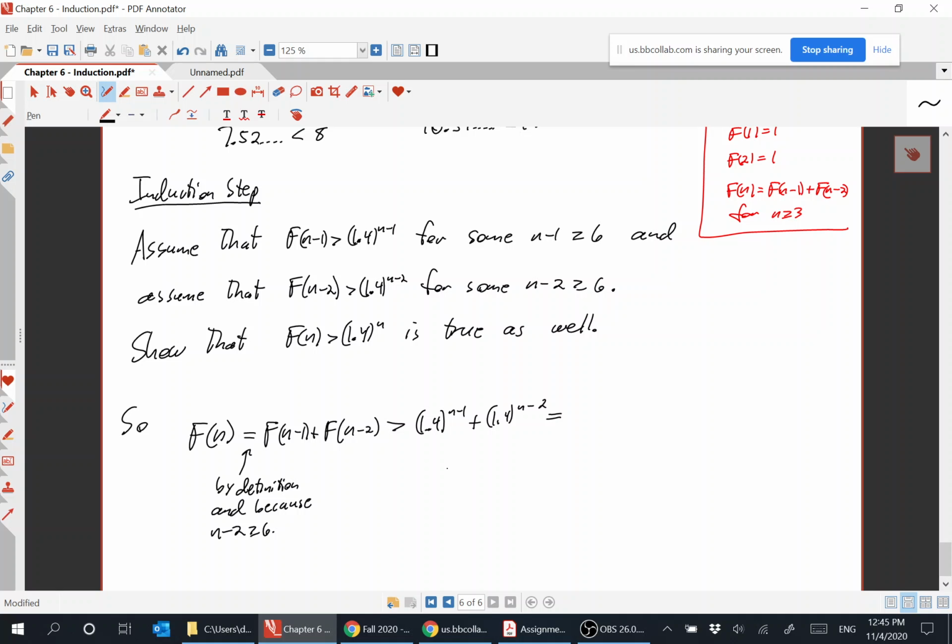It's almost there. What else do I need here?